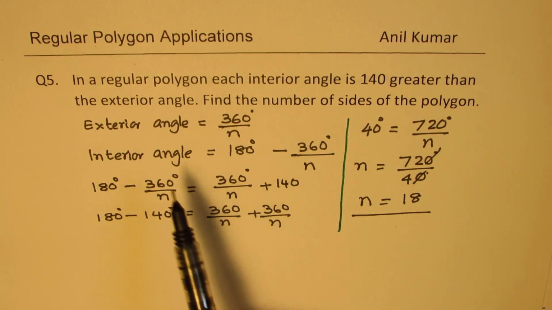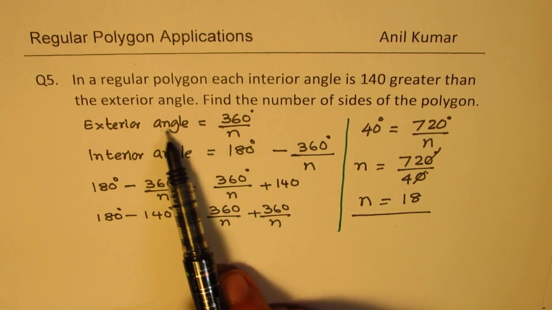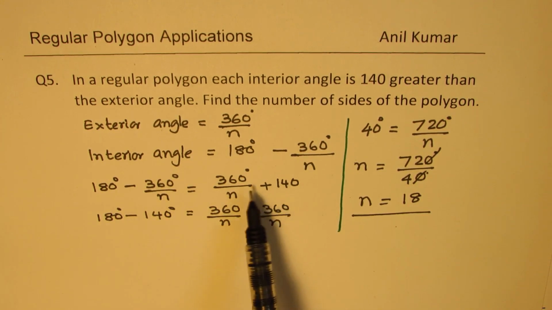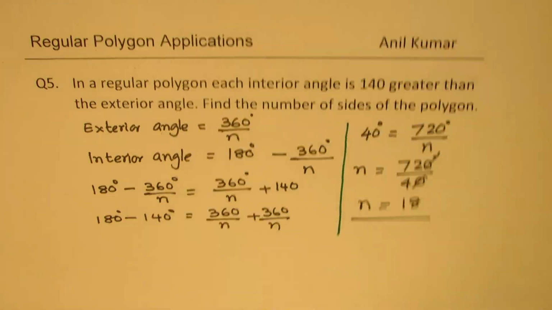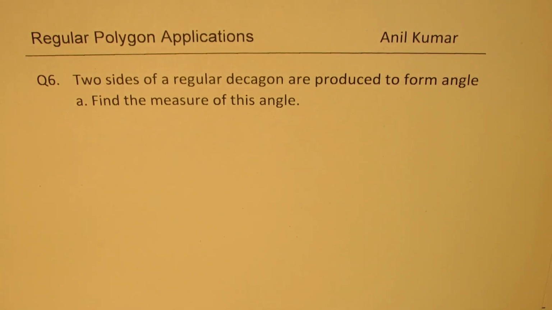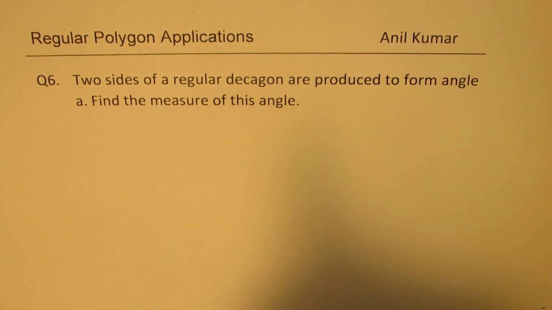That is how you could easily solve this question. Again, we use our concept that the interior angle is 180 degrees minus the exterior angle, and in this question the interior angle was greater by 140. So we got our equation. The last question here is, two sides of a regular decagon are produced to form angle A. Find the measure of this angle.